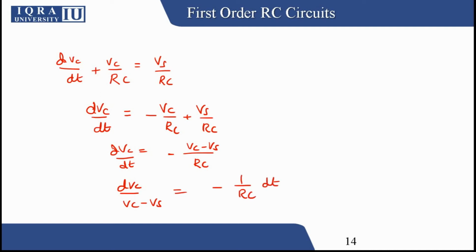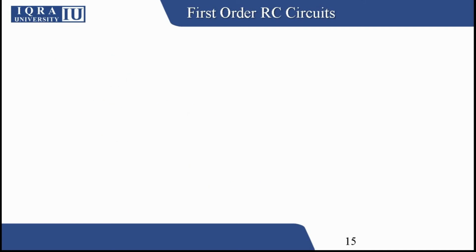If we take an integral on both sides, the initial voltage is V naught and the final voltage will be V of t, depending on time.